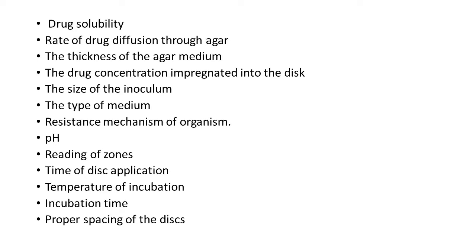There are so many factors that influence the size of the zone of inhibition: drug solubility, rate of drug diffusion through the agar, the thickness of the agar media, the drug concentration impregnated into the disc, the size of the inoculum, the type of the medium, resistant mechanism of organism, pH of the medium, reading of zone, time of disc application, temperature of incubation, incubation time, and proper spacing of the discs.